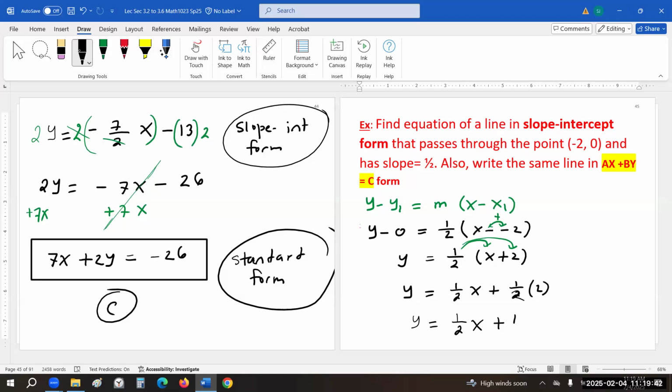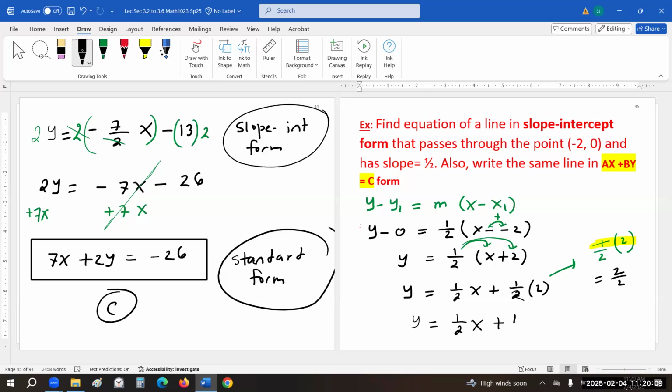I use logic. You can write 1/2 of 2 means you're multiplying 1/2 and 2, so you get 2/2. But what is 2/2? Just 1. So I use logic here. We have half of 2. What is half of 2? It's 1.